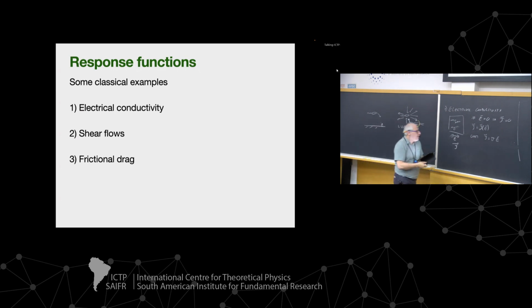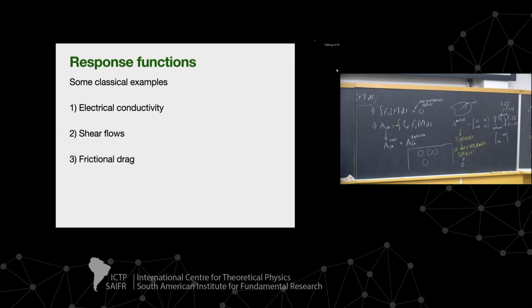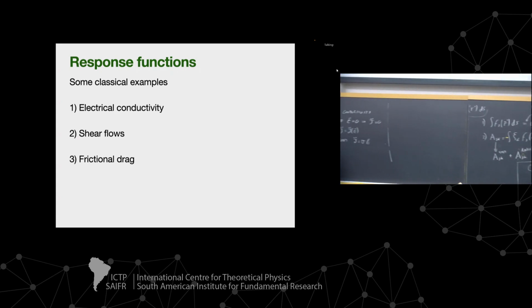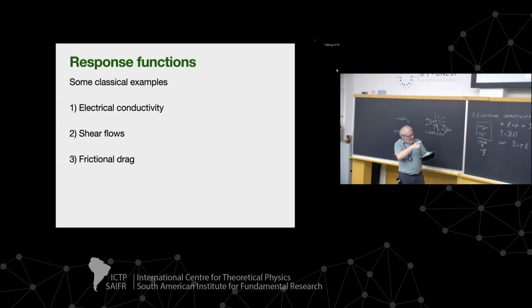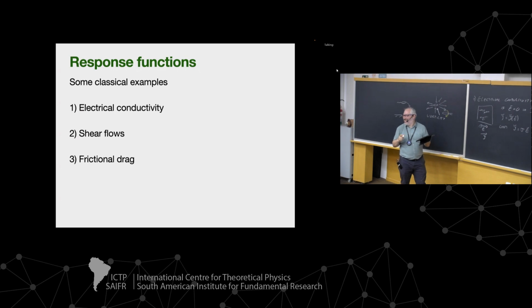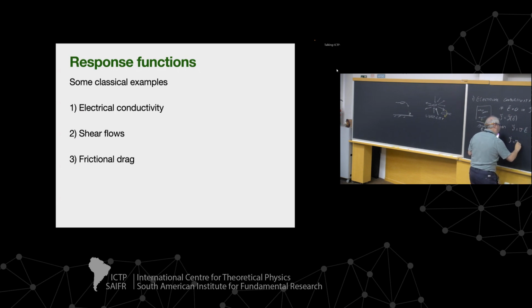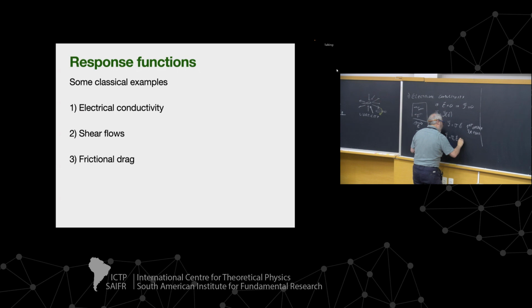When you were first taught that, you said, okay, that's life, I believe that, whatever. But now that you're older, you know that this looks like a Taylor series, the first order term of a Taylor series. And real life should be like this: sigma 1 E plus sigma 2 E squared plus blah, blah, blah.